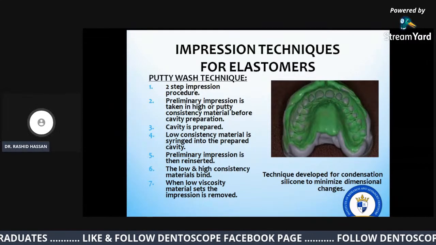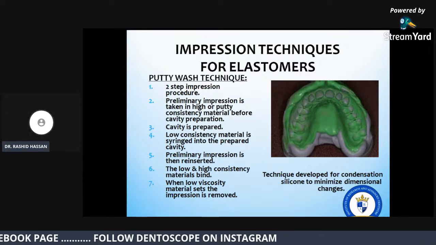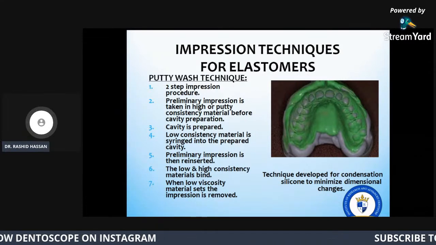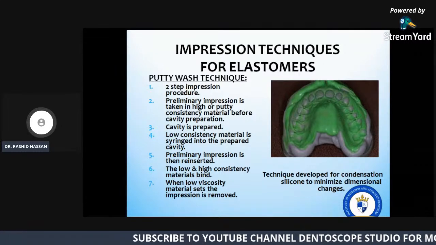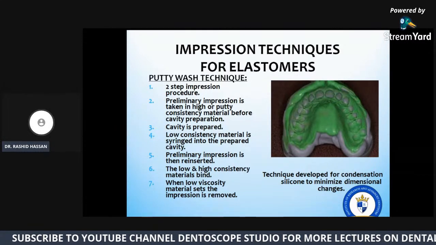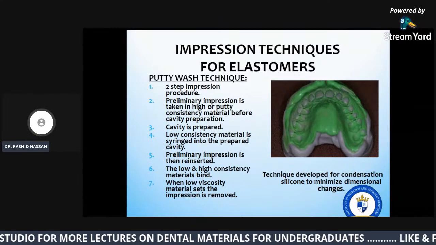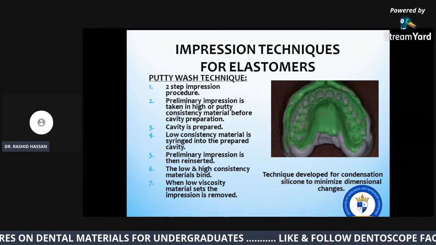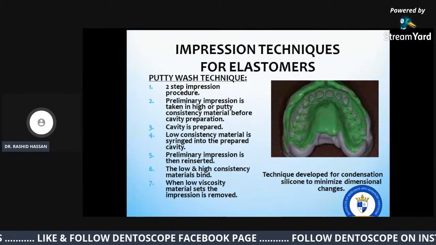When the low viscosity material sets, the impression is removed. You can then easily remove it from the oral cavity, and you will get the finest impression you will always dream of, because in the fine areas you have recorded with the low viscosity material, and you have created the bulk of the material when you recorded the preliminary impression.